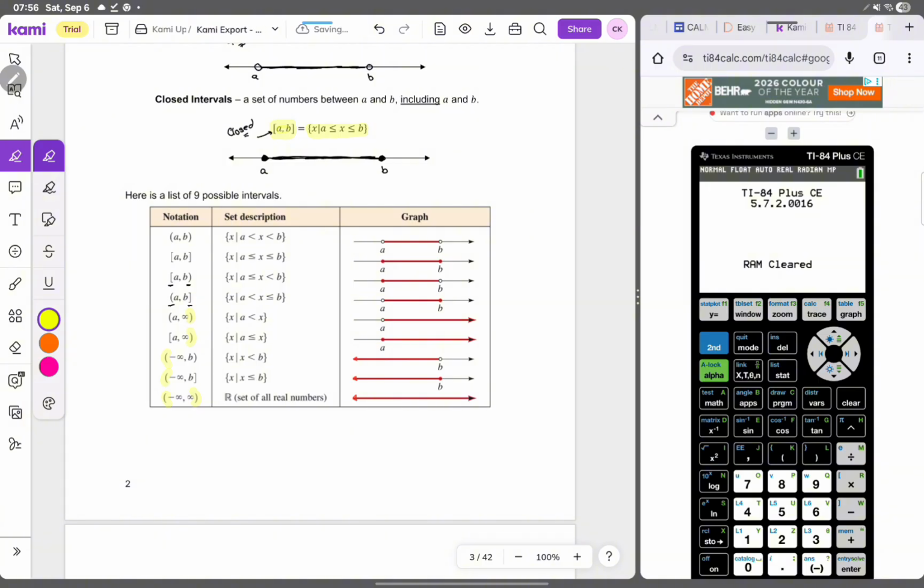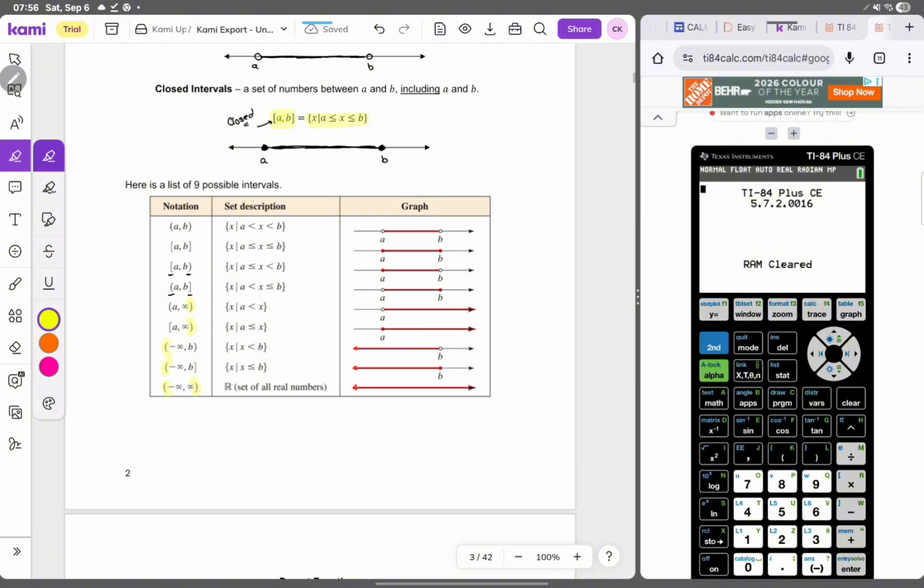And this is because infinity is a concept, not a number, and we can't equal a concept. So this is how you would say the set of all real numbers from negative infinity to infinity. So domains and ranges might be written in interval notation. They might be written as a set description. You have to be able to recognize both.